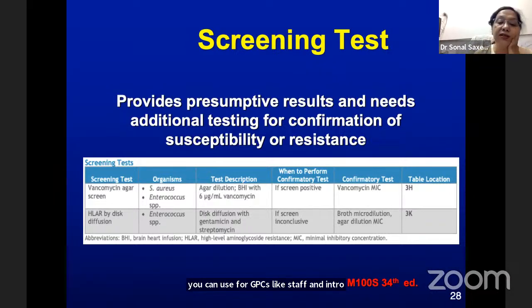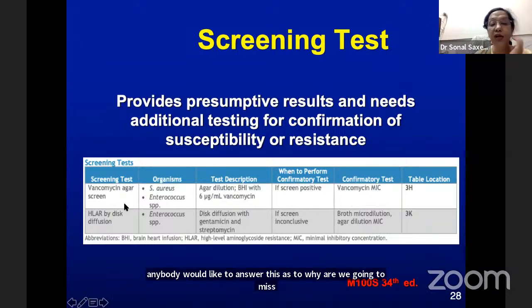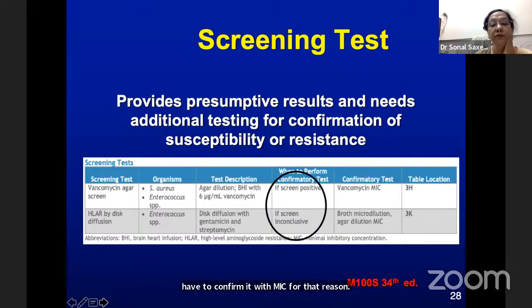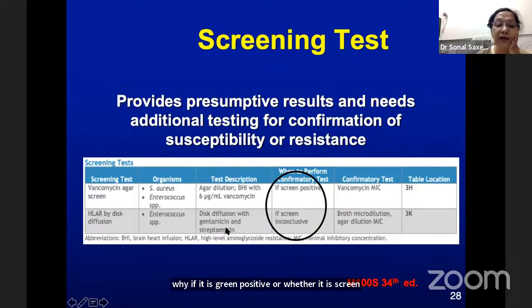Anybody would like to answer as to why we are going to miss certain isolates if we use only vancomycin screen agar? So every time we are using a screen agar, we have to confirm it with MIC for that reason. Anybody can think of why this is happening? If it is screen positive or screen inconclusive, then only you do it for high level aminoglycoside.